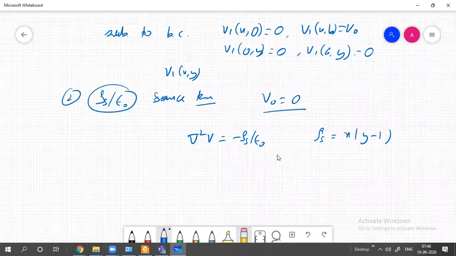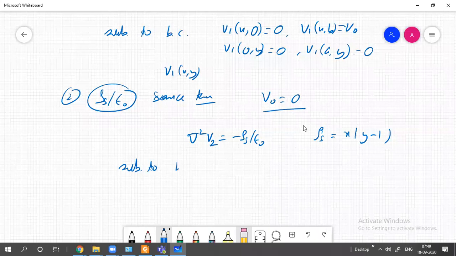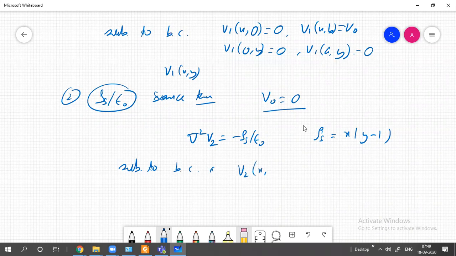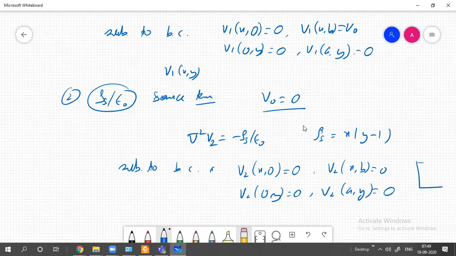Here the boundary conditions will change. V2 is subject to V2 of x, 0 equals 0, V2 of x, b equals 0, V2 of 0, y equals 0, V2 of a, y equals 0. This means at the entire periphery the voltage will be 0, and we will have only the source term, rho s by epsilon naught.